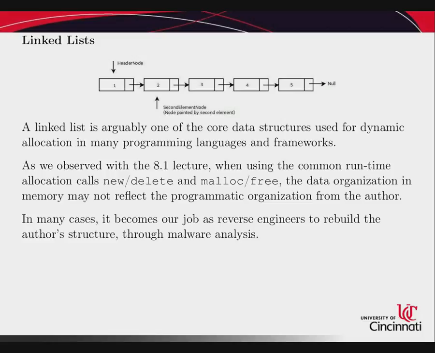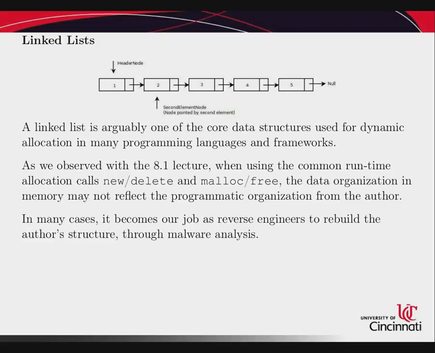Just like in the lecture from earlier this week, we end up using the common runtime allocation calls. The data organization doesn't actually reflect the organization that the programmer uses in order to access these elements. The outer level of the program is going to treat this as a sequence of elements, or a sequence of data.